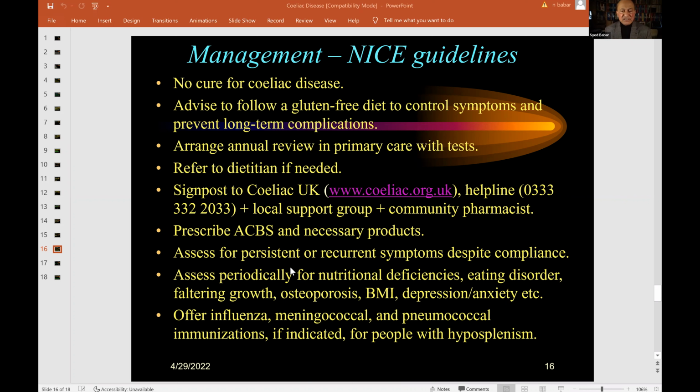If there are persistent or recurrent symptoms despite alleged compliance, one needs to critically check, because sometimes gluten can sneak in as a contaminant. It may be present in the packaging or wrappers, such as in cereals, even though the content of the cereal will show that there is no gluten.